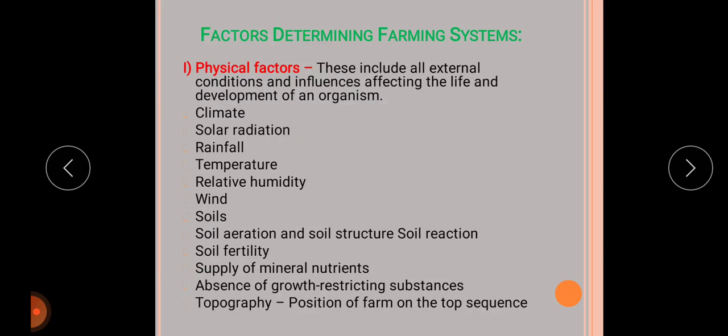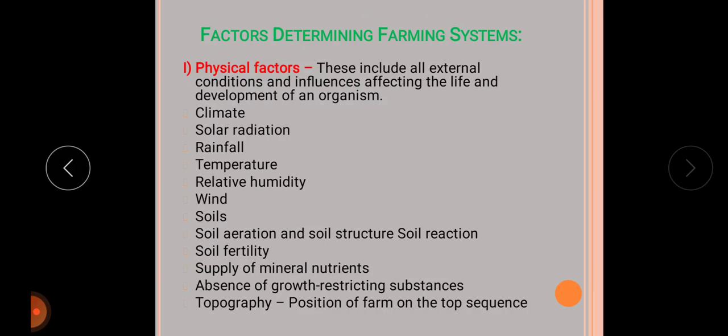The physical factors we discuss first. These include all external conditions influencing and affecting the life and development of the organism: climate, solar radiation, rainfall, temperature, relative humidity, wind, soil, soil aeration and soil structure, soil reaction, soil fertility, supply of mineral nutrients, absence of growth retarding substances, topography, and position of the farm on the toposequence.